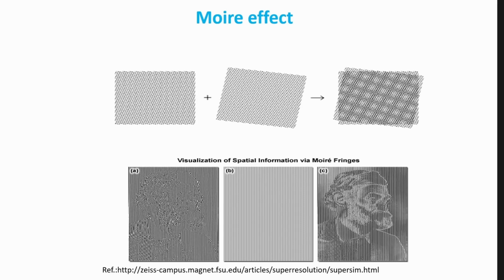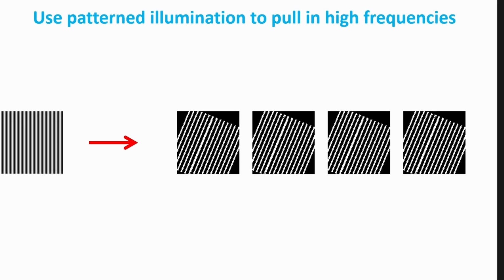What this means in a very primitive way is that if I have two structured patterns and I overlay them, either with a shift or a rotation, I will see the appearance of the so-called Moiré pattern, which is the overlay between two structured images or two structured light fields.